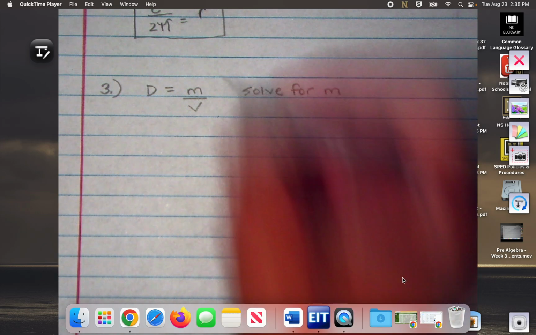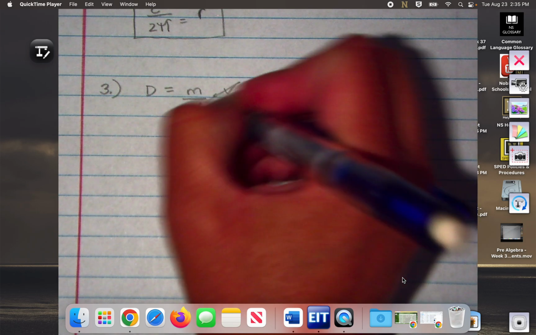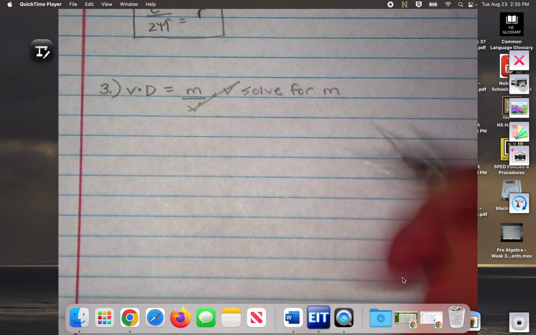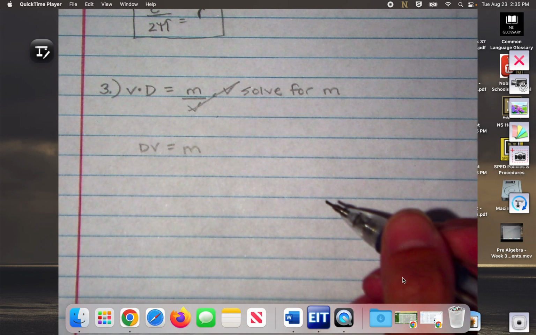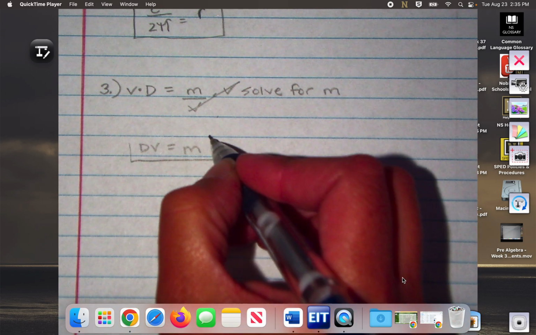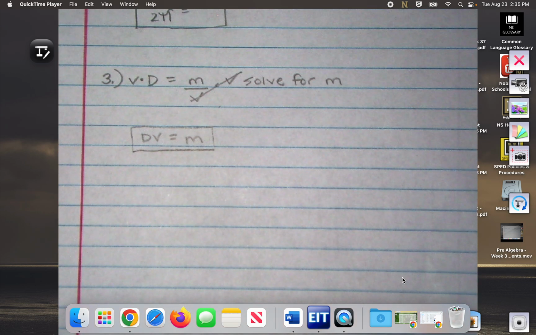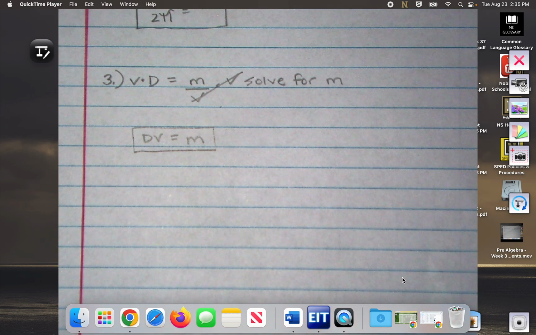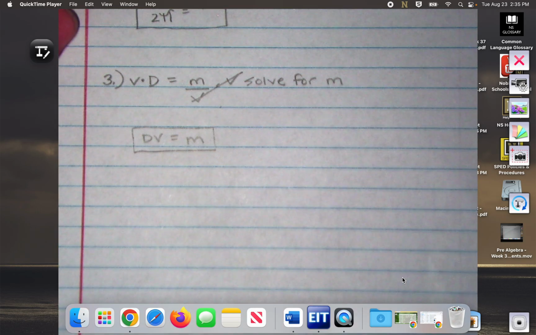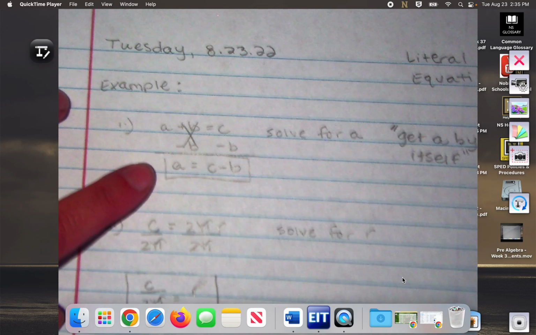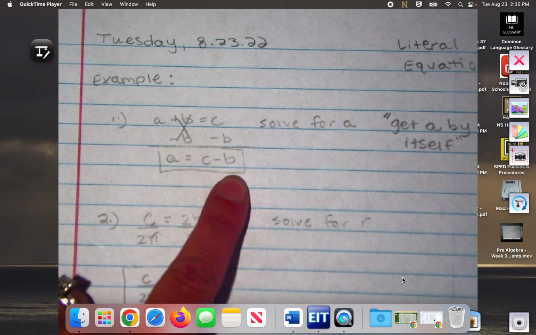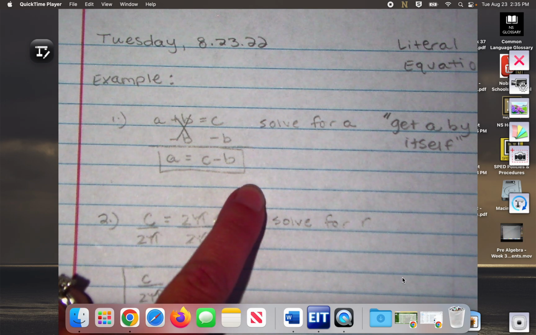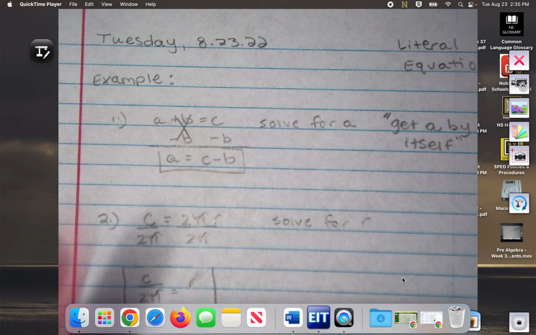Multiply both sides by V. So I would take this times V, now that's gone, and then this times V. So I'm going to get DV equals M. Wouldn't it be VD? Doesn't matter. When you're multiplying, you can do it either way. Oh, okay. You can multiply in any order, right? But up here, when I had C minus B, you can't subtract in any order, right? So this had to be either C minus B or negative B plus C. You had to keep the symbol with that B, okay?